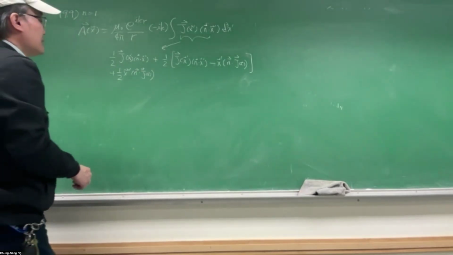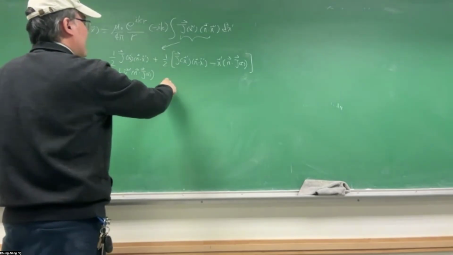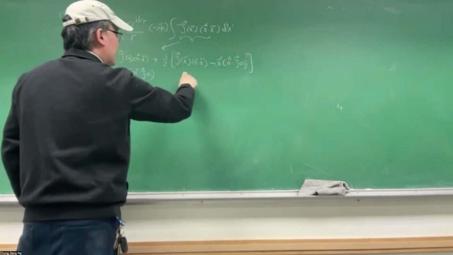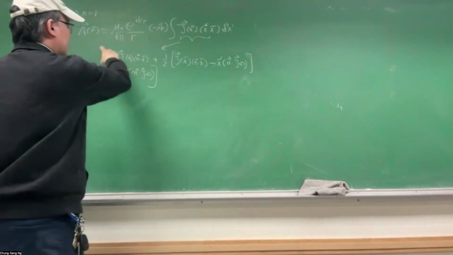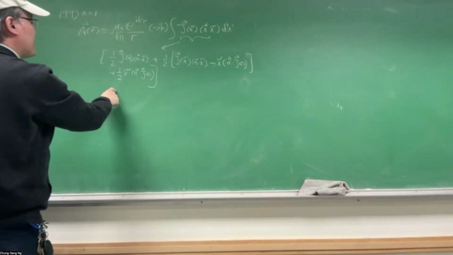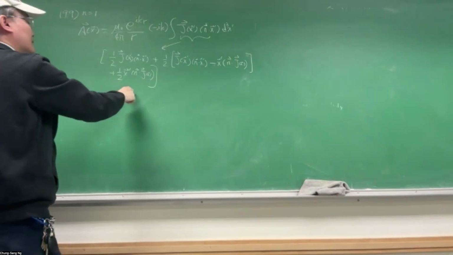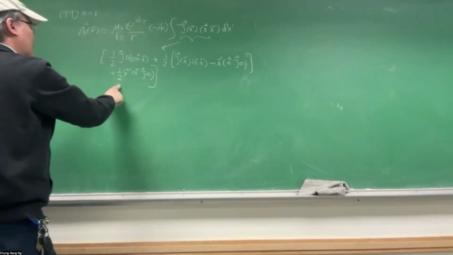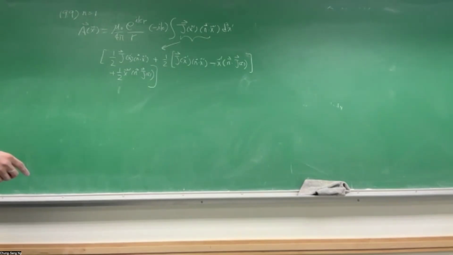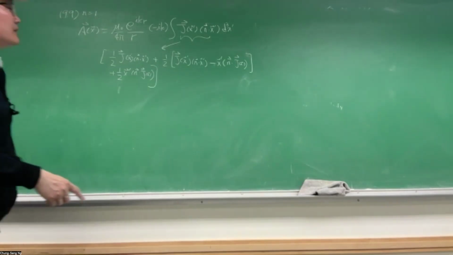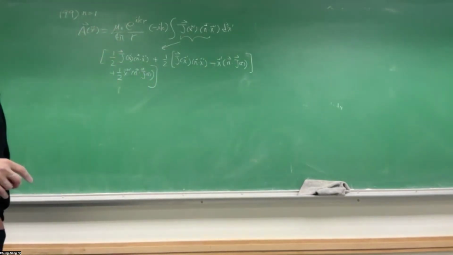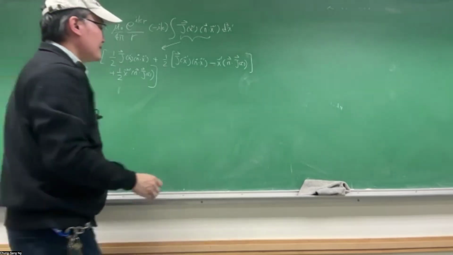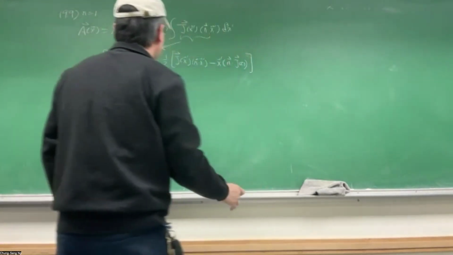And now you group this in the square bracket as one term, and the other in the other bracket as another term. The first term turns out to be the electric quadrupole term, and the second one would be the magnetic dipole term. Okay, so that's how you separate the two terms.